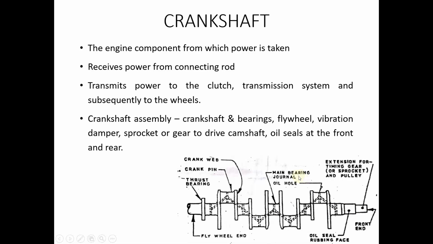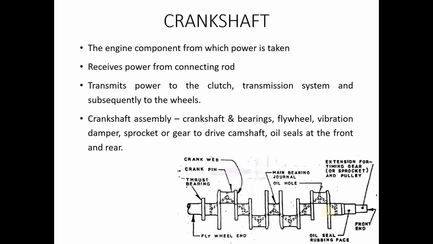The first function of main journal bearings is to circulate oil to the crank pins that are located at the ends of this main journal, and the other main function is to support or give stability to the crankshaft, because most of the weights are supported by the main journals.